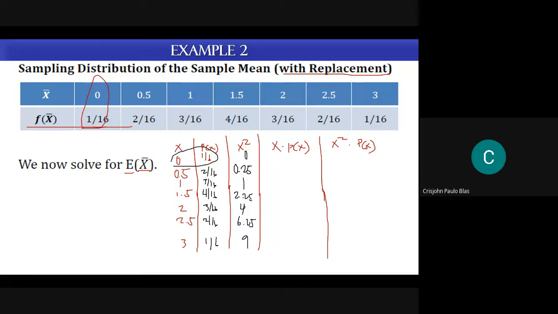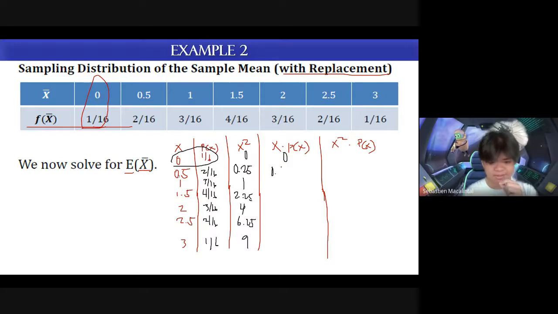This one is 0. 0.5 times 2 out of 16, what is the answer here? Let's use 4 decimal places. 0.0625. How about 1?